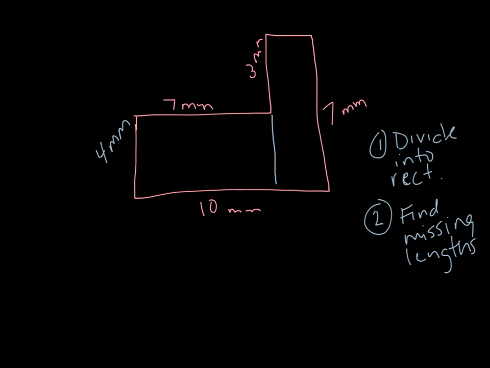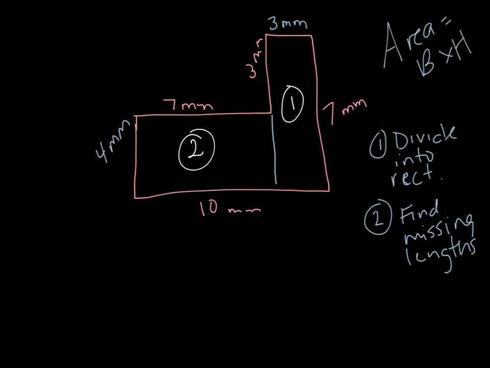We'll do the same thing up top. If I see, I'm trying to find this piece here, if I see this whole bottom length is 10, and that piece is 7, what is that missing piece here? The missing piece is 10 minus 7, which is 3. 3 millimeters. Now, knowing base times height, because area equals base times height, I can find the area for this rectangle number 1 and rectangle number 2.